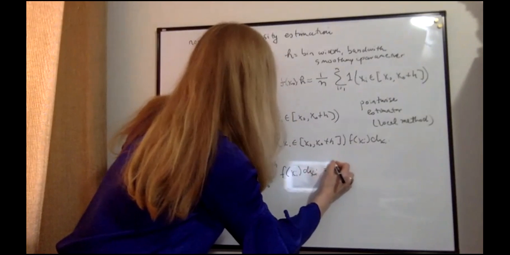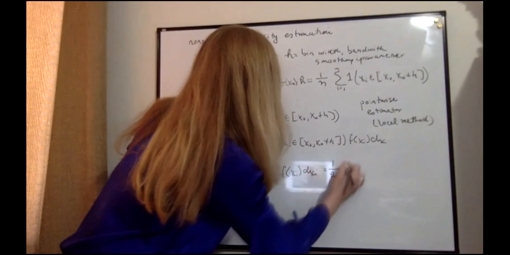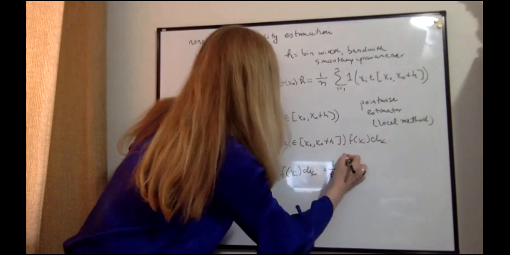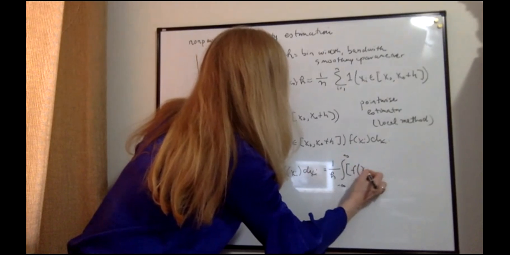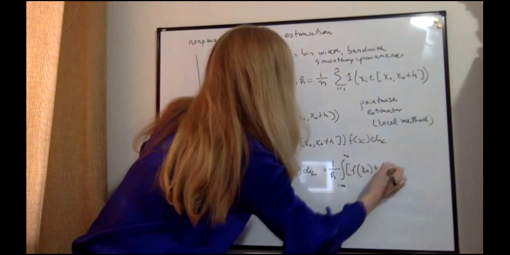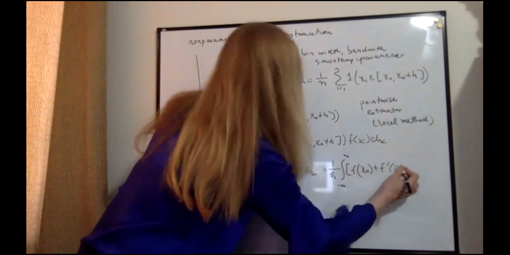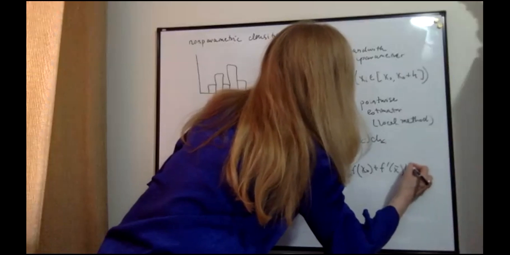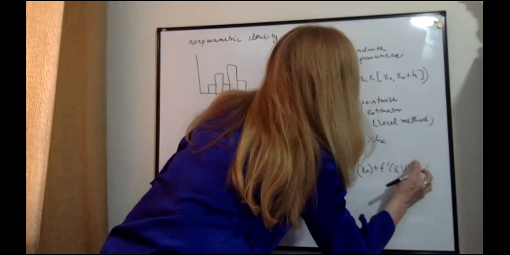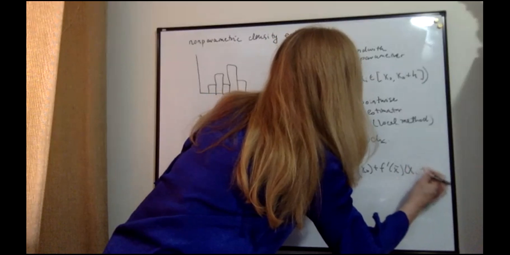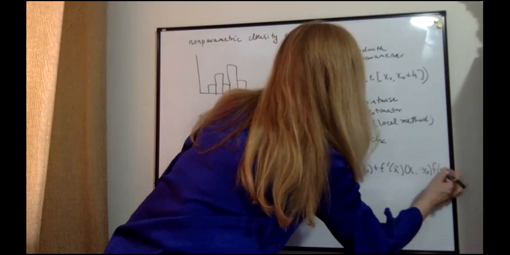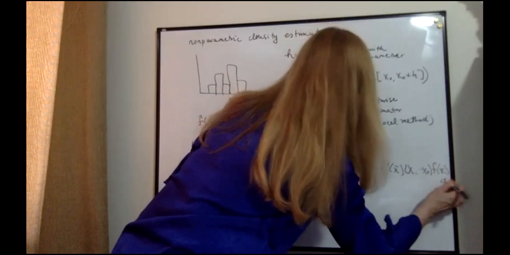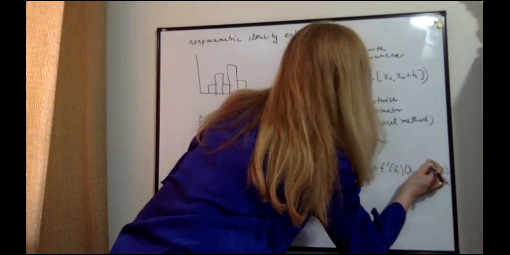I'll put this here, 1 over h, f of x naught, and this time we're just going to expand it out 1 term, xi minus x naught, f of xi dxi. Okay.